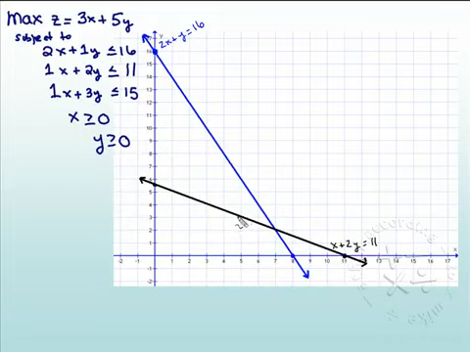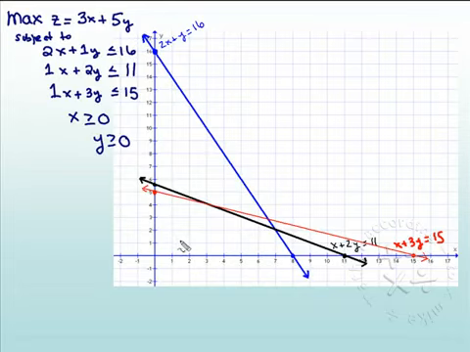X-intercept is 15, y-intercept is 5. And sketching this line in. I think it's pretty good. And again, this is the line x plus 3y equals 15.